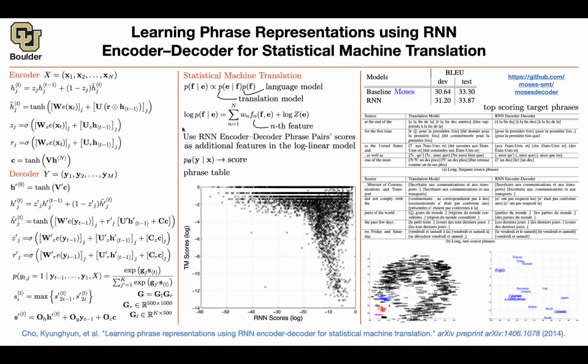When you maximize this log of the translation, it doesn't depend on Z. It depends on the W's, so you're maximizing with respect to the W's. Is this linear combination a model for P of E given F times the probability of F? Yes, this is a model for the joint distribution, kind of P of E, comma F, and this is the product of these two. Perfect. Thank you. Okay, any other questions?